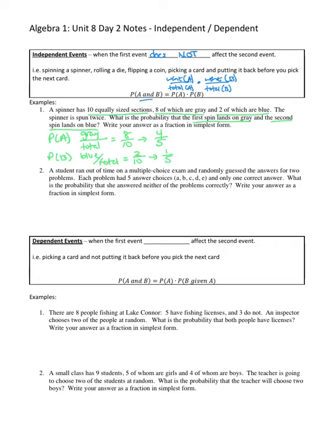Now you multiply them. Do not add them. Multiply them. 4/5 times 1/5 equals 4/25. There is a 4 out of 25 chance that you will first land on a gray and then land on a blue.